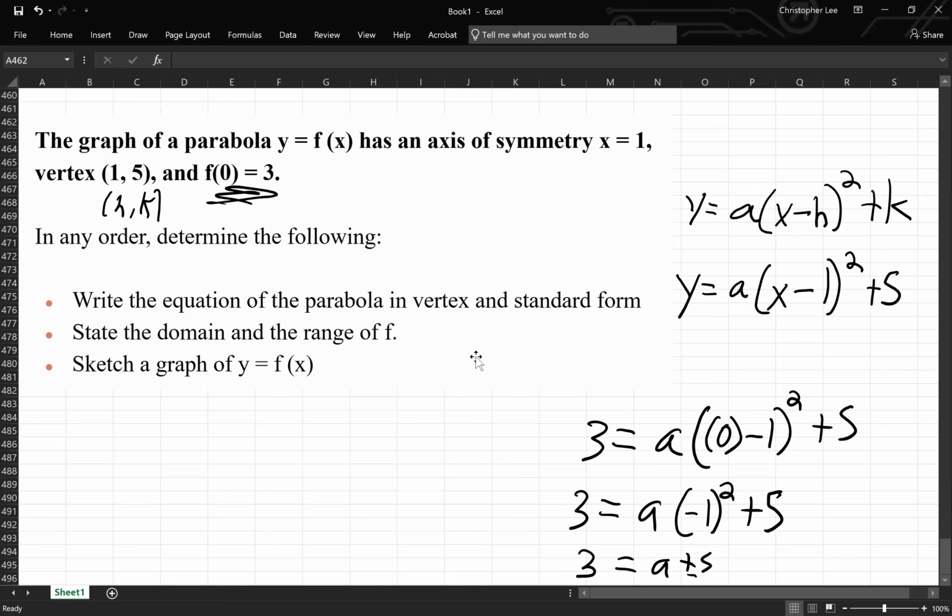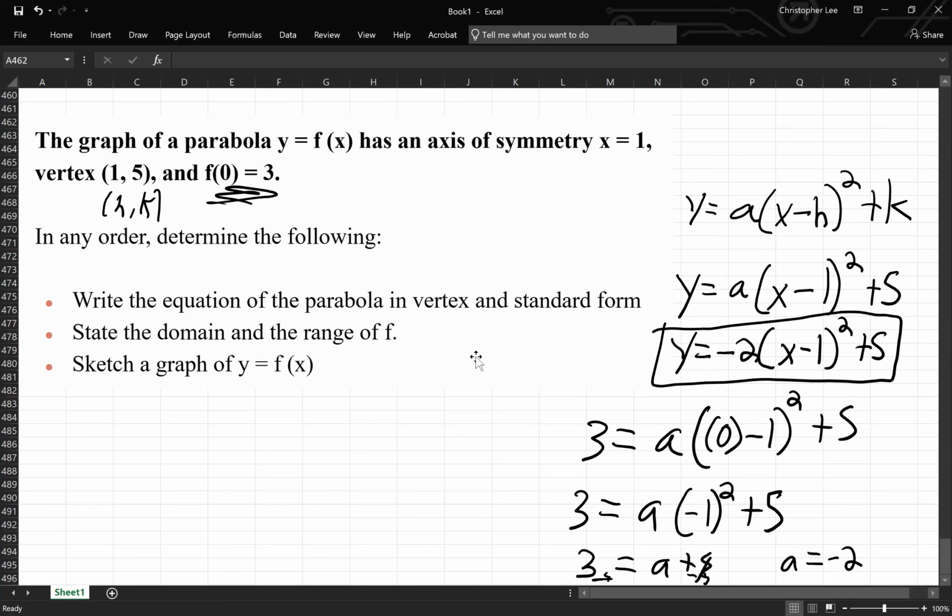I'm going to subtract 5 from both sides, and so a is equal to negative 2. So what is my final equation? It's y equals negative 2 times x minus 1 squared plus 5. Sorry for the confusion. Let me highlight it for you so you can see. All right, that's it.